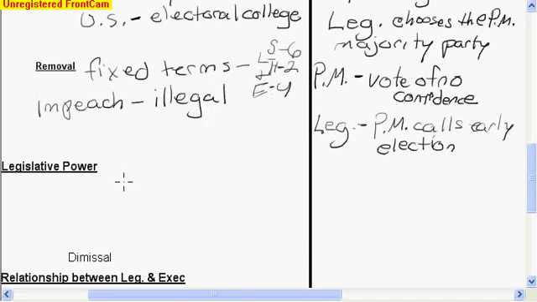All right, moving down to legislative power. Both the legislative and executive branches have legislative powers in a presidential system. Meaning, in terms of setting policy, for the most part, we have the legislative branch that creates the laws.